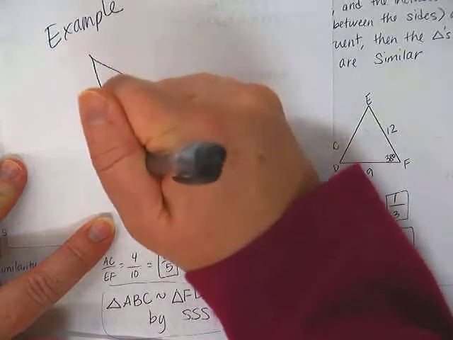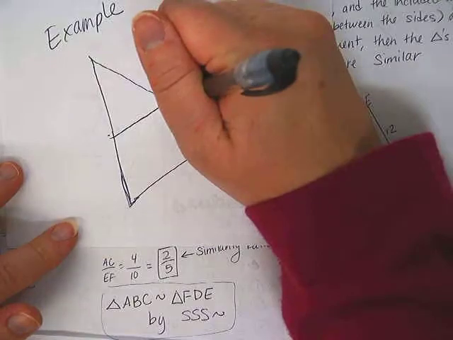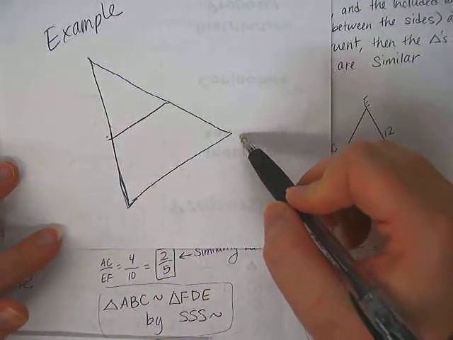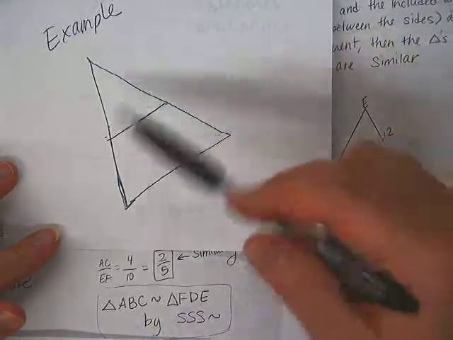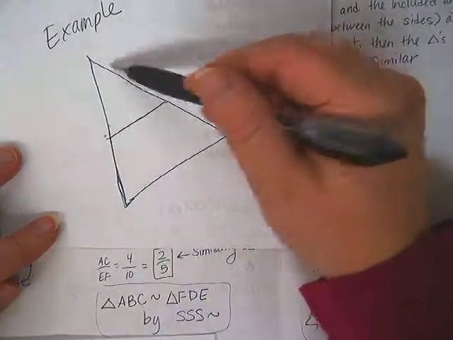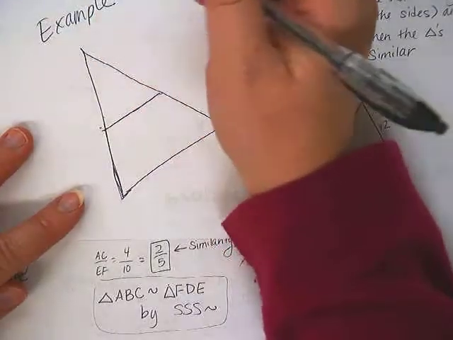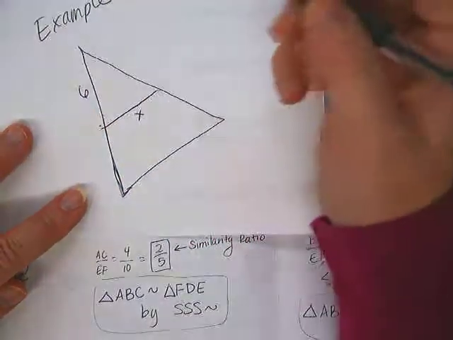Sometimes they make triangles similar by saying you have one triangle inside another one like this, and so they share that angle. And that tends to make them similar, especially if this is parallel to this. Then you'll get corresponding angles that are congruent. And so then the two triangles will be similar, the one inside the other one.